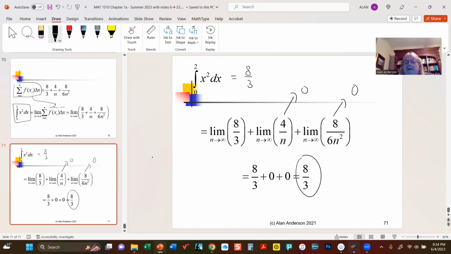Now, between the two methods, of course, you would have learned in Calc 1 a technique for dealing with this type of integration.